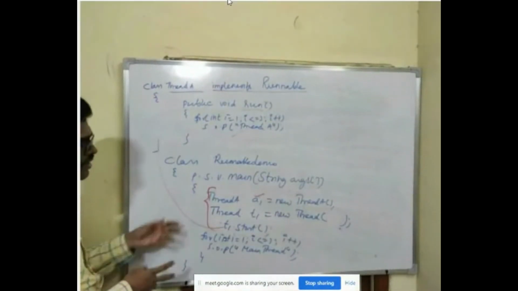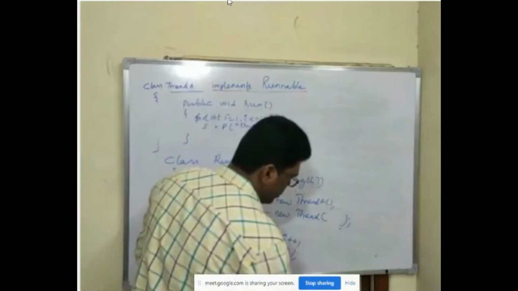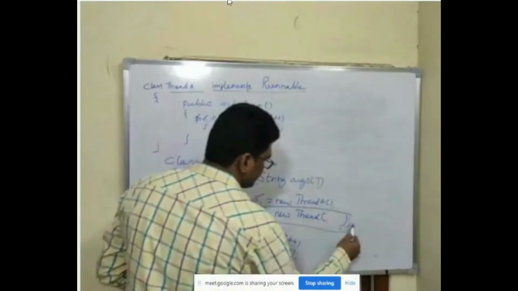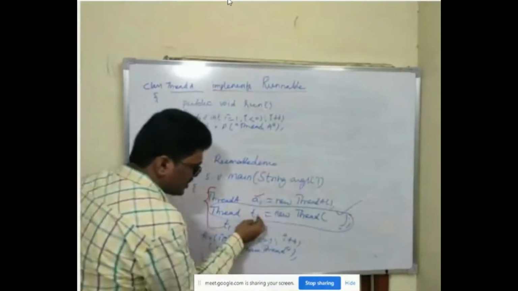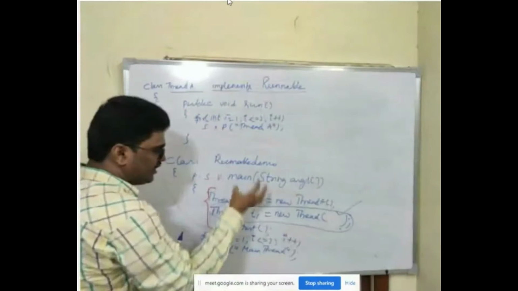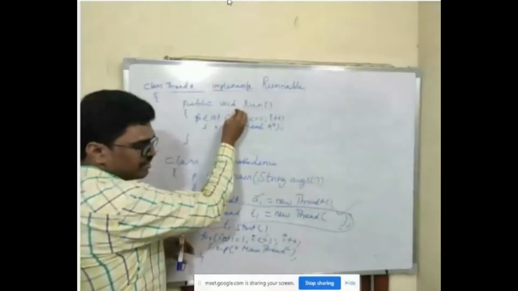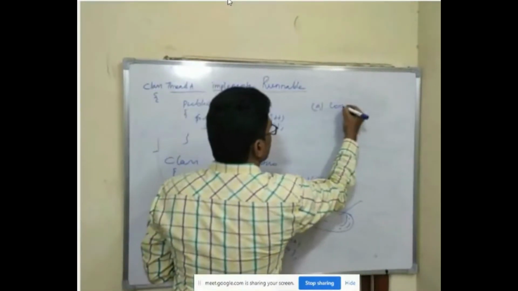It will not generate an error because this constructor is a valid constructor. But this does not call the start method belonging to this, and thereby it does not call this run method. Options I'll put here: compile time error, or runtime error.